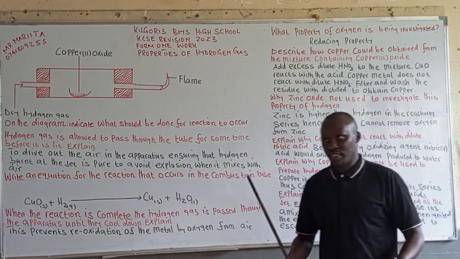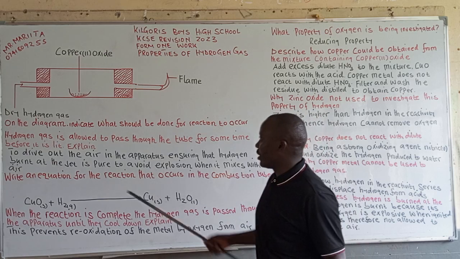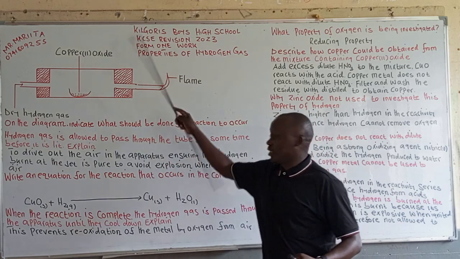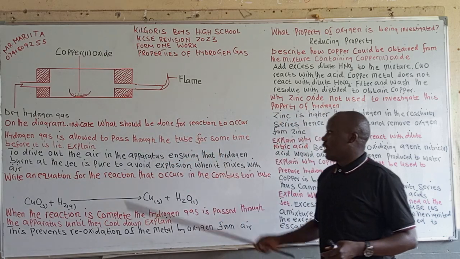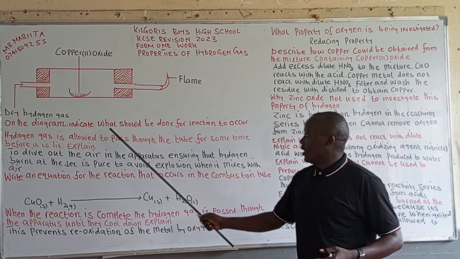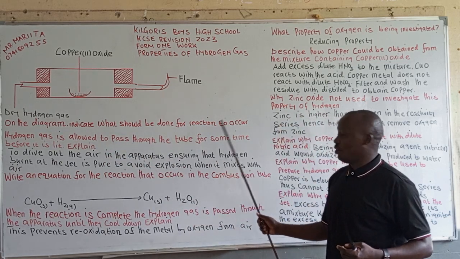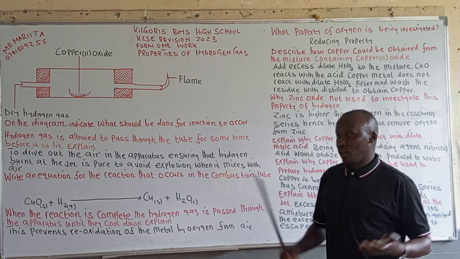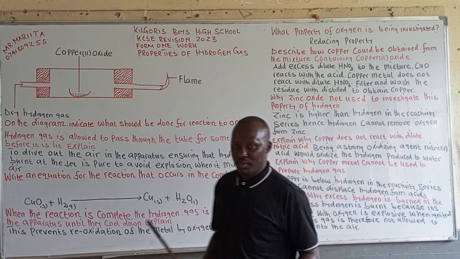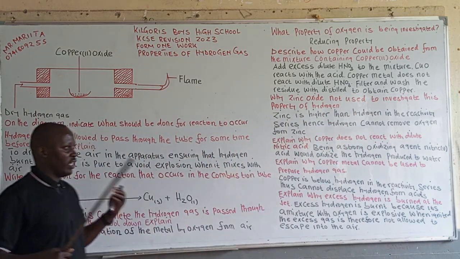What are some of the expected questions from this particular experiment? On the diagram, indicate what should be done for a reaction to occur. Normally, what is missing in this diagram is the source of heat.